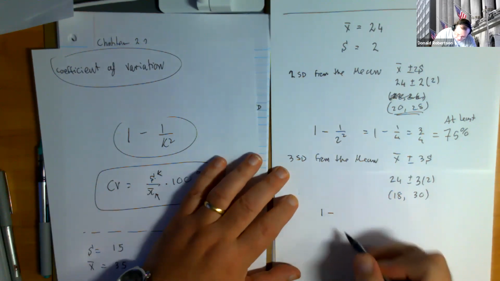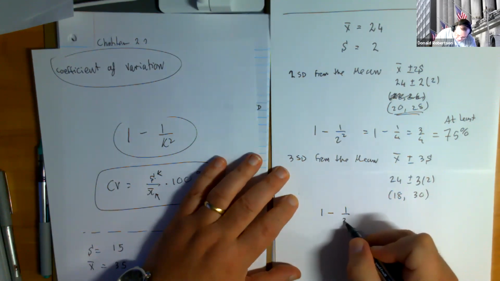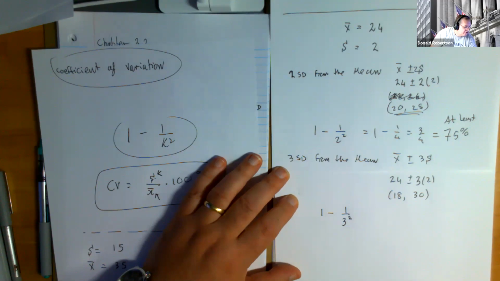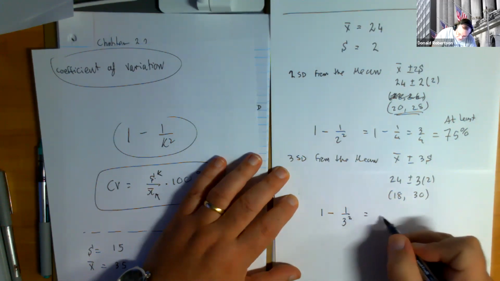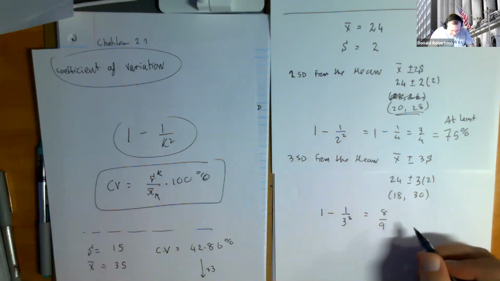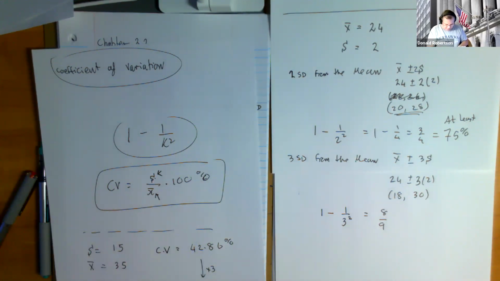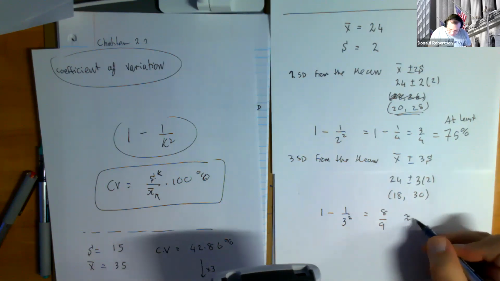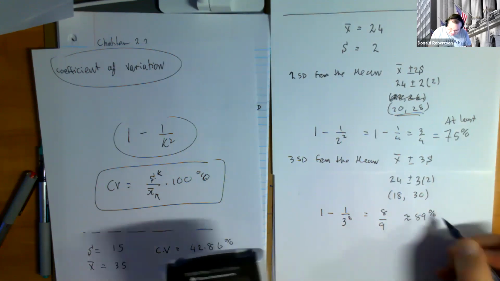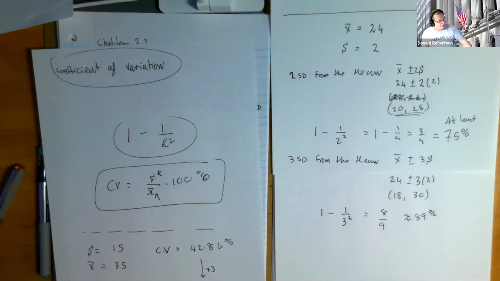So that would be 1, take away 1 over 3 squared. That would be 8/9, I believe. And 8/9 as a percentage is about 89%. So about 89% of OC students are in that range.